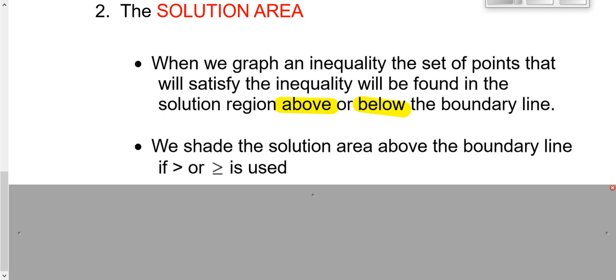Next, we shade the solution area above the boundary line if you see greater than or equal to, as long as one thing is larger than the other thing, we shade the region above the boundary line because it is larger than.